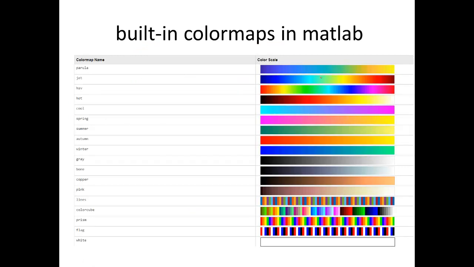In fact, there are many built-in color maps in MATLAB. There are jet, HSV, hot, cool, summer, autumn, winter, gray, which we often use, and bone. How to get the values? That's much simpler.